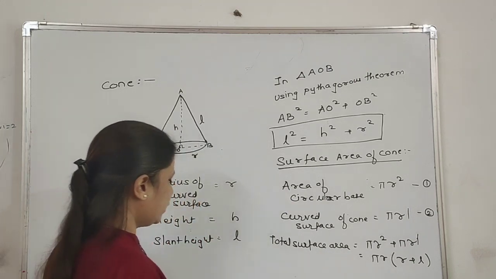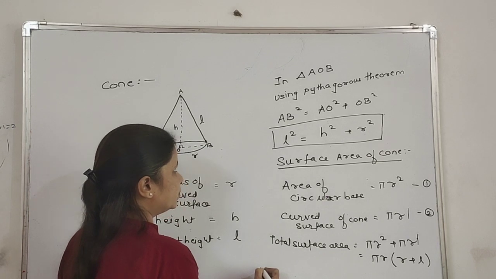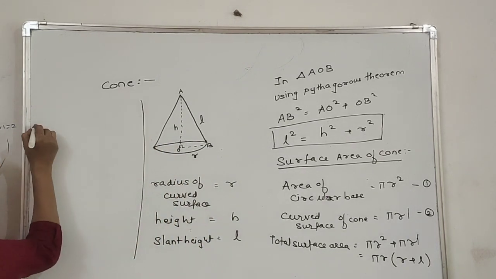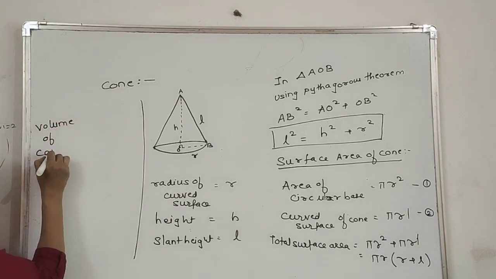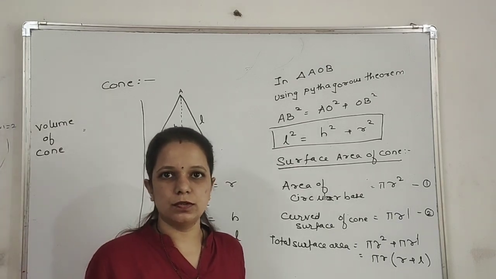Okay. Now we will go to volume. Volume of cone. Volume means the capacity of the cone. Okay.